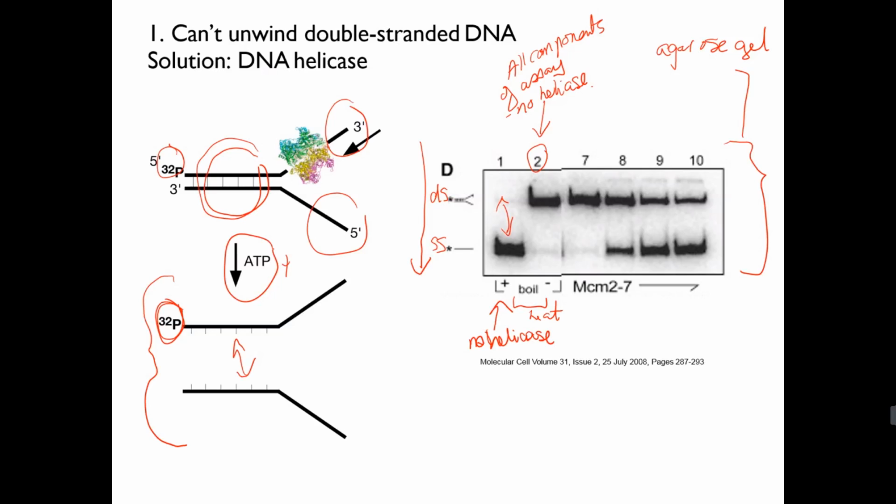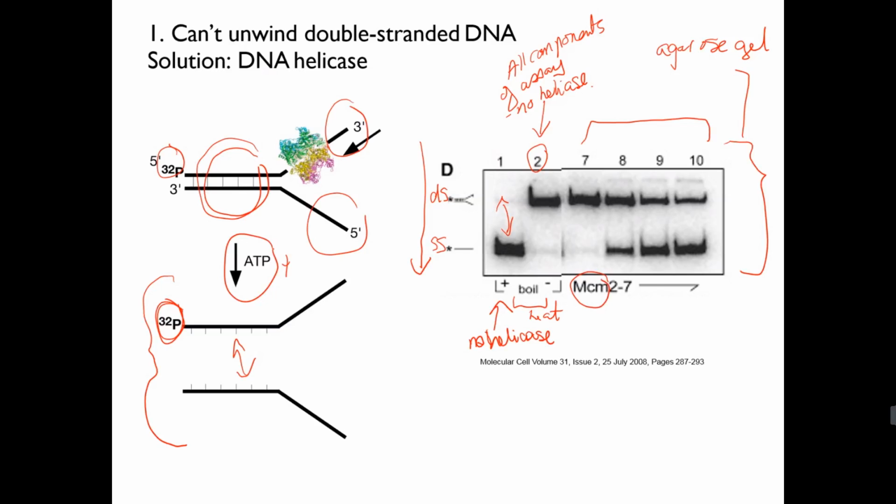Okay, so now we're ready to go. And what they're adding over here from lanes 7 to 10 is the DNA helicase called MCM. Okay, and this is the DNA helicase in eukaryotes like ourselves.